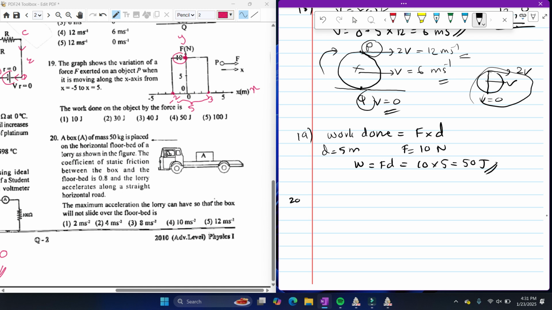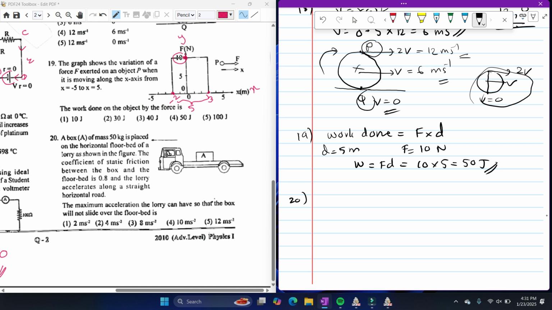Now we'll move on to question number 20, the final question to be discussed in this session. A box of mass 50 kg is placed on the horizontal flat bed of a lorry.